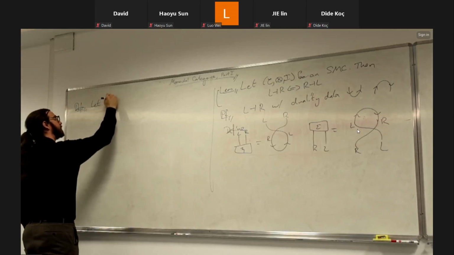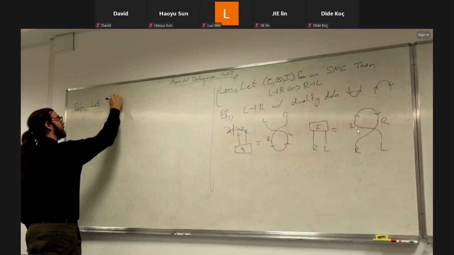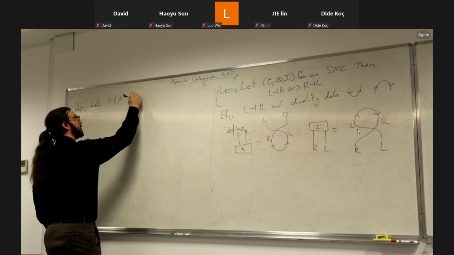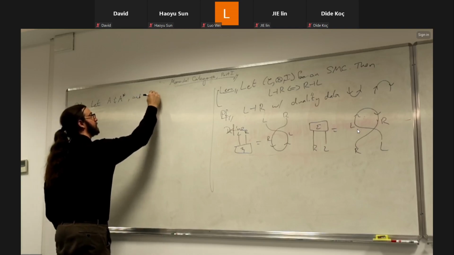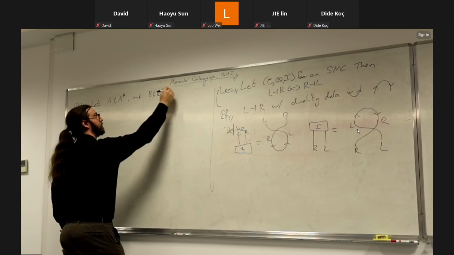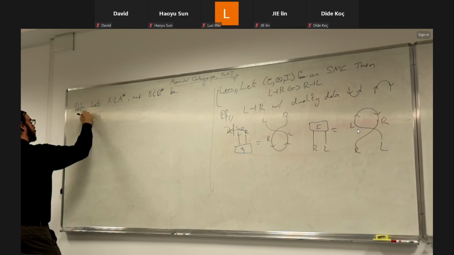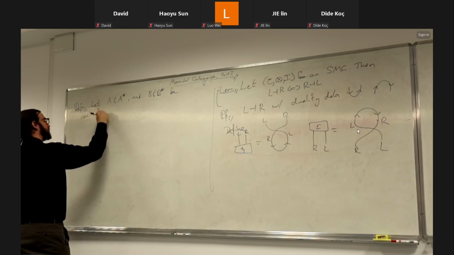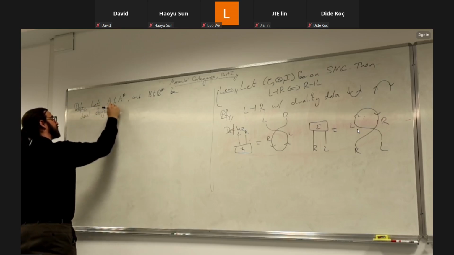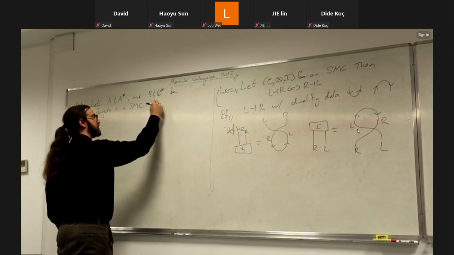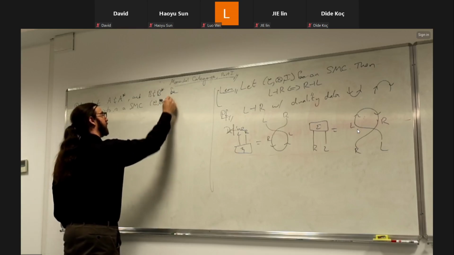So let A and A star and B and B star be dual objects in a symmetric monoidal category (C, ⊗, I).